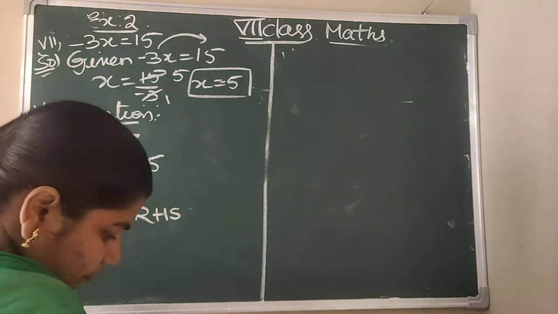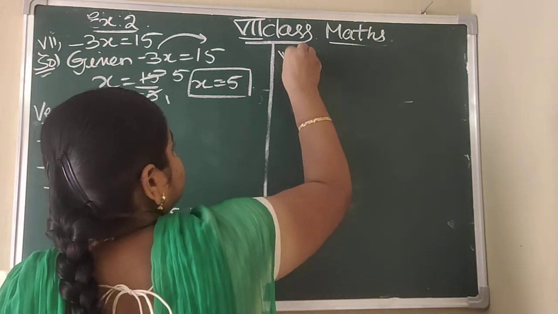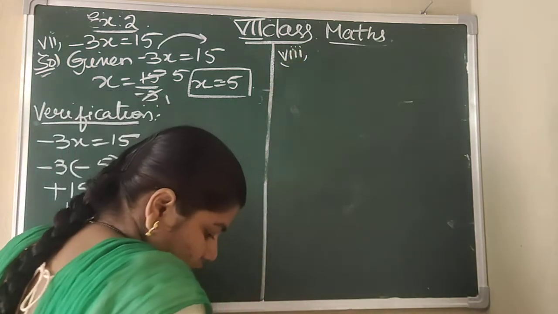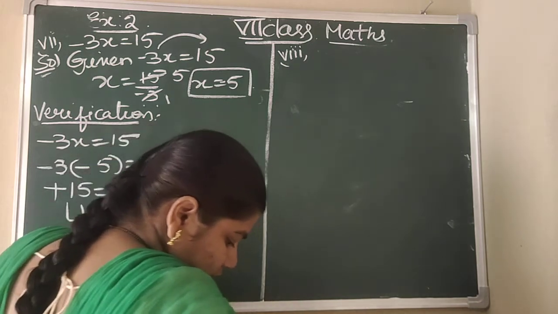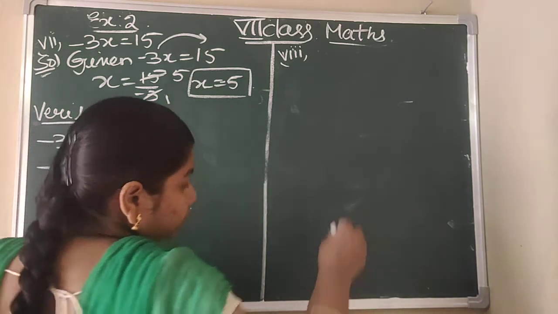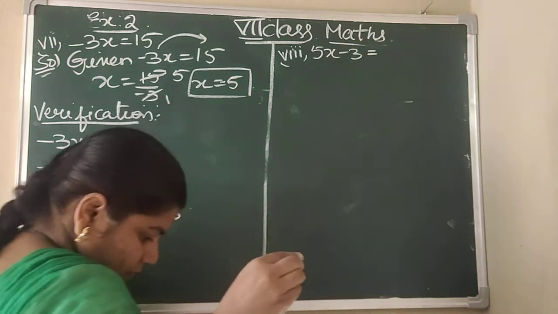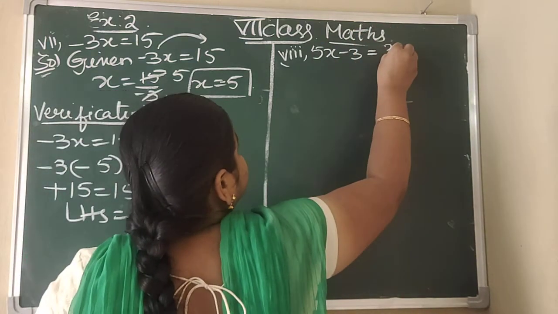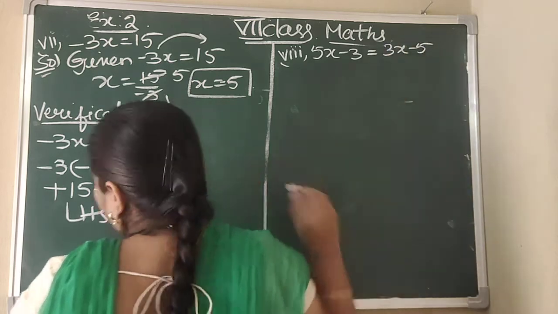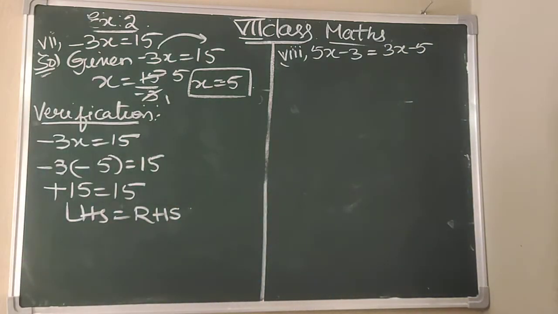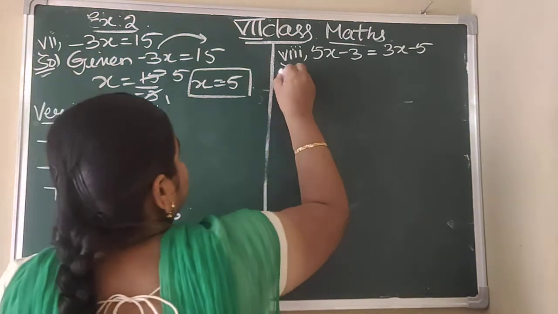So next is the eighth one. What is the eighth here? 5x minus 3 is equal to 3x minus 5. In this, we have to bring all the variables to one side and all the constant values to the other side.